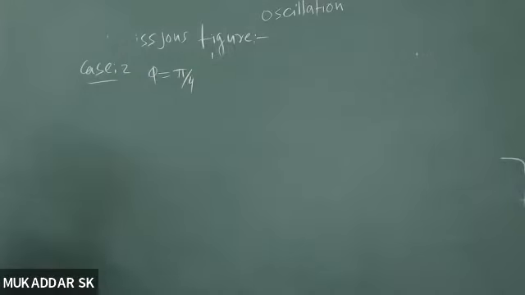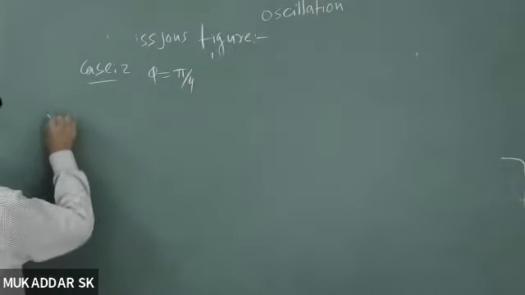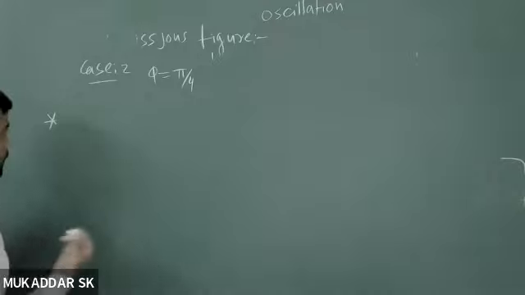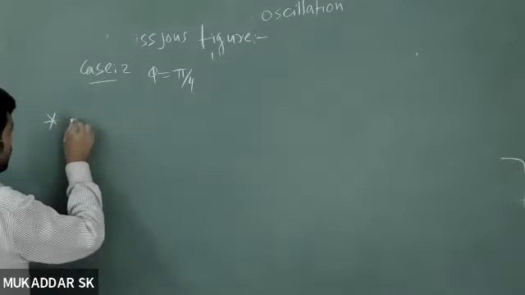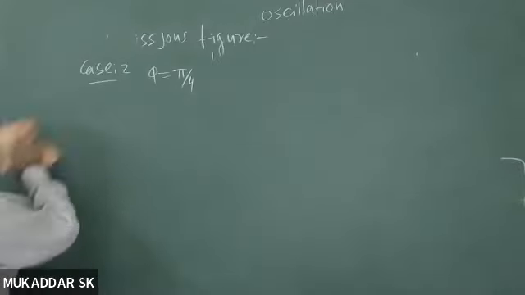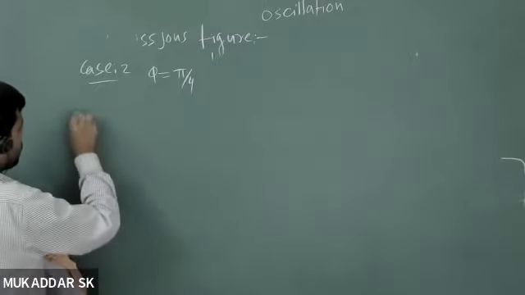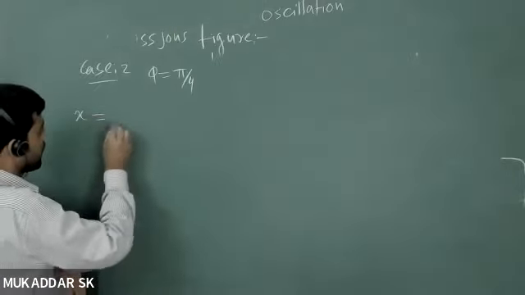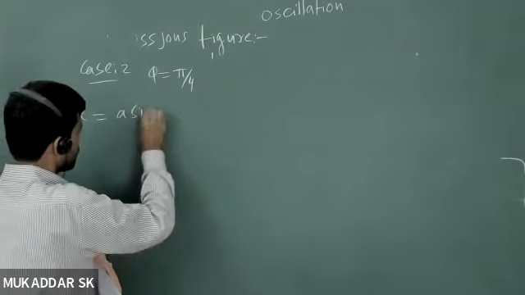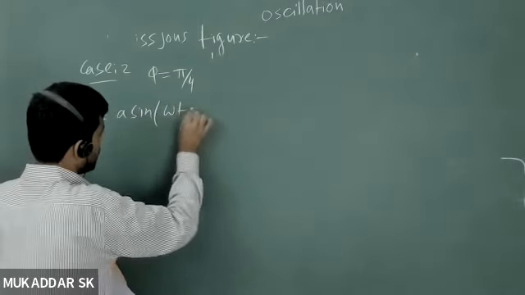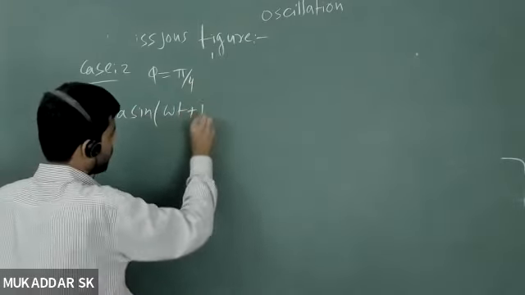Okay. So then how will you draw it? Then do it the way I am doing. Take omega t. So you have two equations, right? Now your x equals how much? x will be a sin(omega t + pi by 4), because phi is now pi by 4.